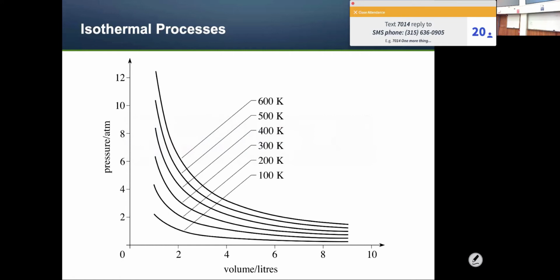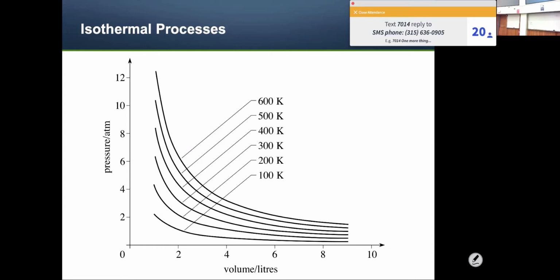The work done in going from here to here. We've increased the volume from about 1 liter to about 9 liters. Anytime your volume goes up, work is the integral of P dV. If volume change is positive, your work done is positive, period. If your volume change is negative, your work done is negative. If your volume change is 0, your work done is 0. That's the way it has to work on that diagram.